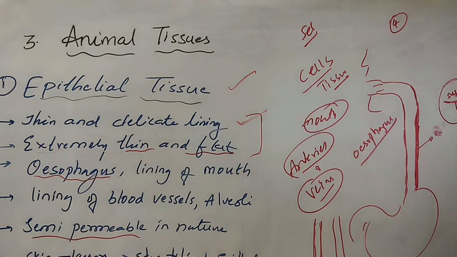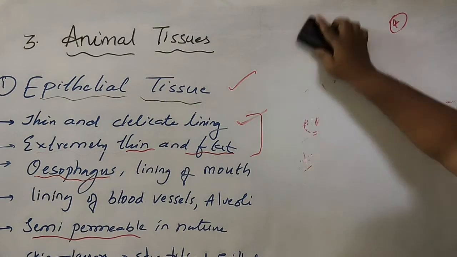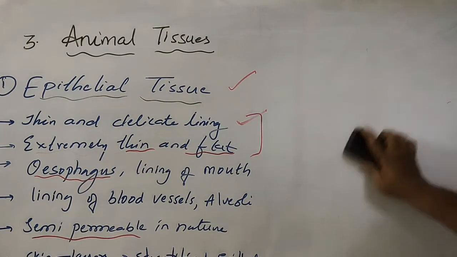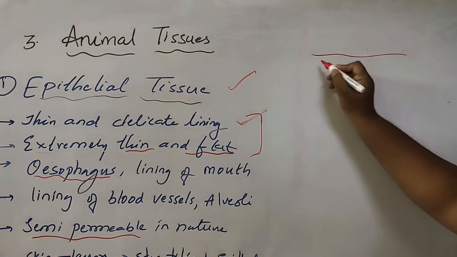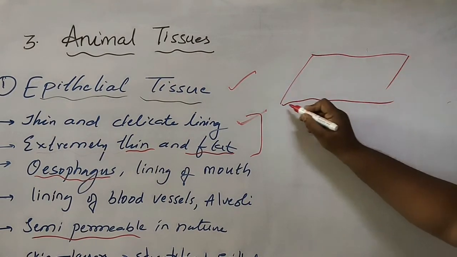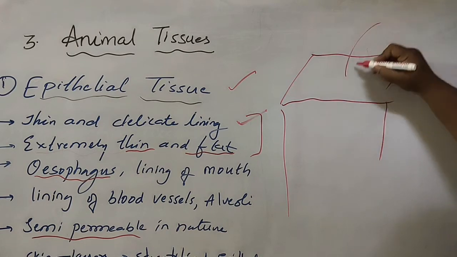If you take the internal structure of the skin, that is what we will be studying in the fifth unit, which is the sense organs. In the sense organs, you can see that the skin will have several layers.